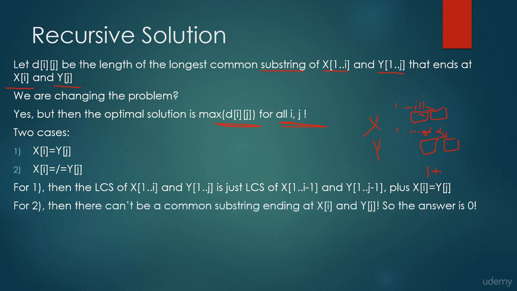Now what about the second case? If xi is not equal to yj, then we cannot have any common substring ending at xi and yj, because remember our definition says that it ends at xi and yj. So if xi is not equal to yj, then dij is 0.